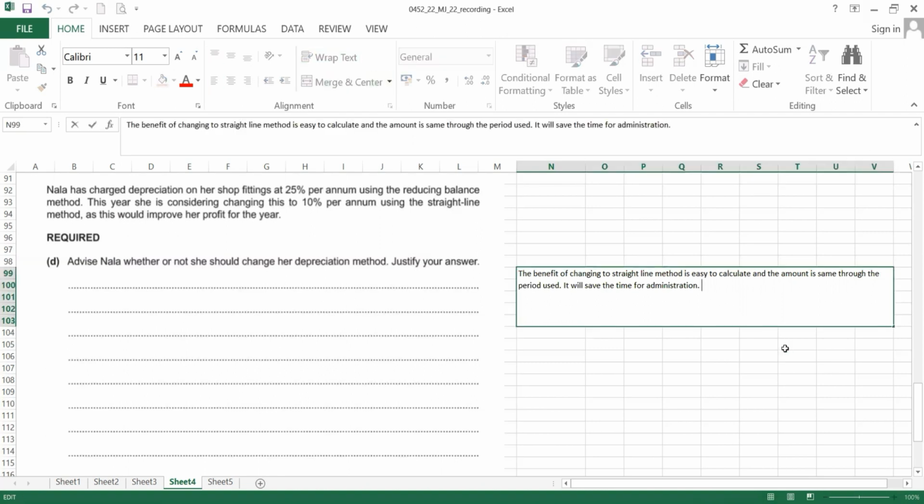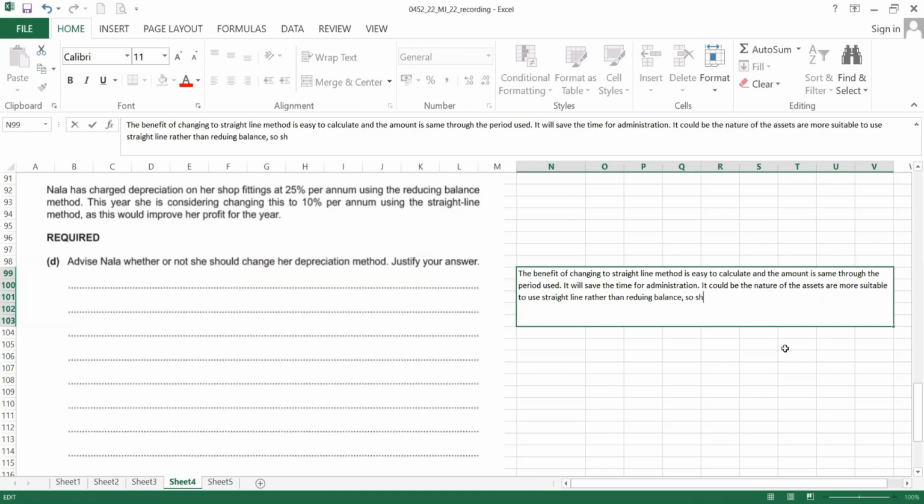Okay, what else can we think about? For the non-current asset, it could be that the nature of the asset is more suitable to use straight line rather than reducing balance.